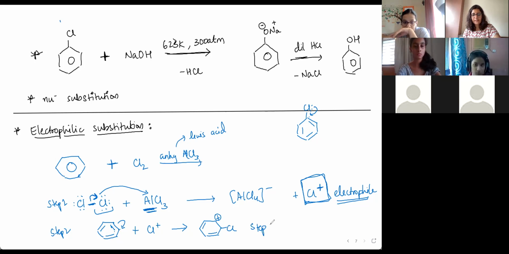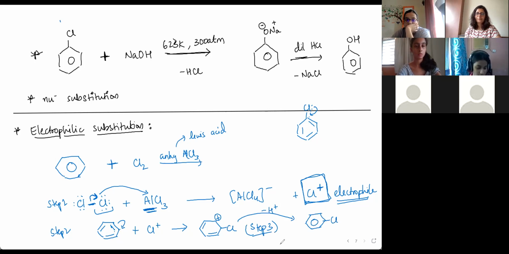And step 3 is this is going to lose an H plus, coming back to normal neutral chlorobenzene. So in place of यहाँ पे एक hydrogen already है और Cl भी है, this H is going to be lost as a proton, and then gives you back here the neutral compound of chlorobenzene.